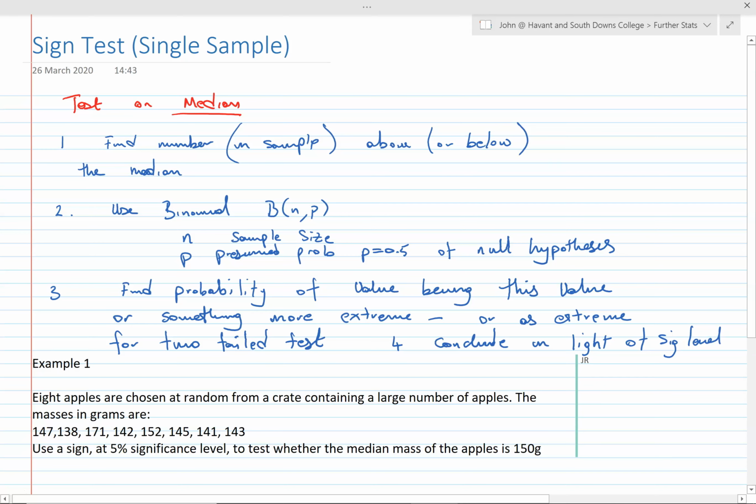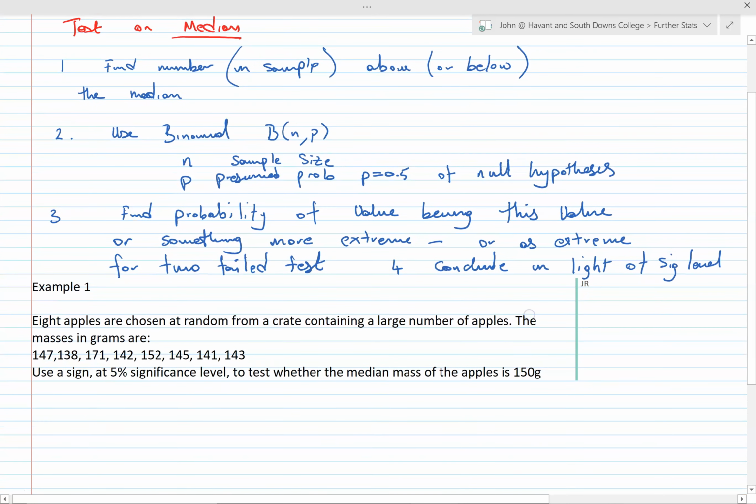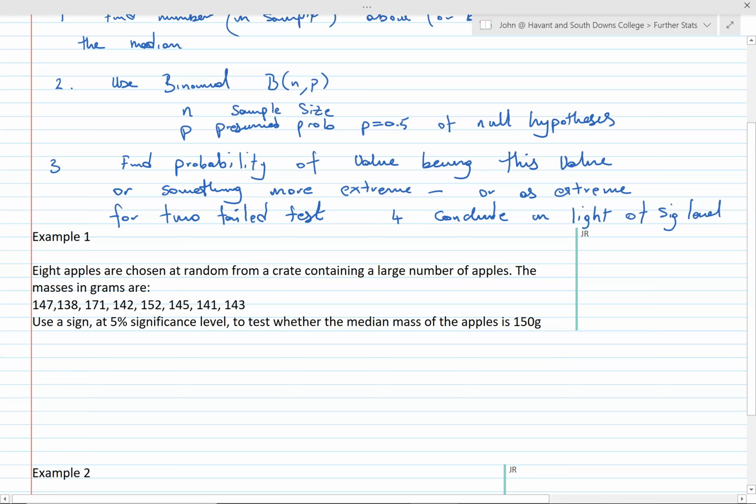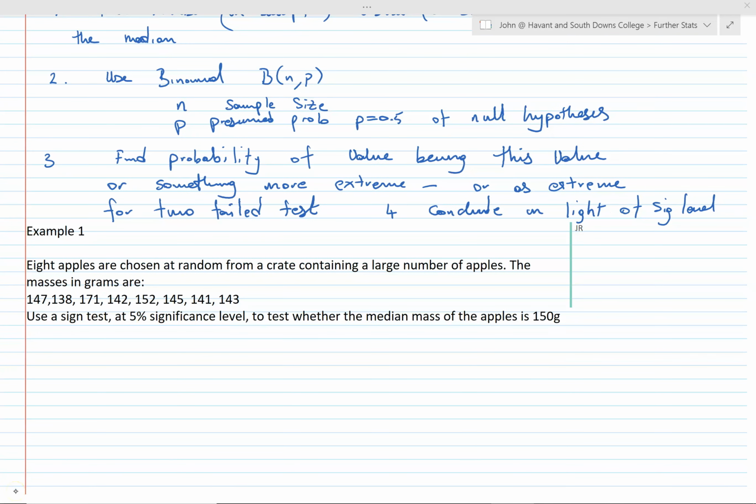Okay, so here's an example. We've got 8 apples and we want to test to see if the median of the apples is 150 grams or whether it's different from 150, because there's no hint here as to whether we think it's more or less than.